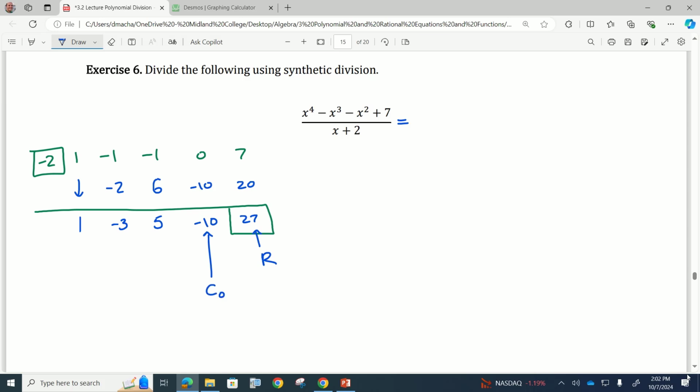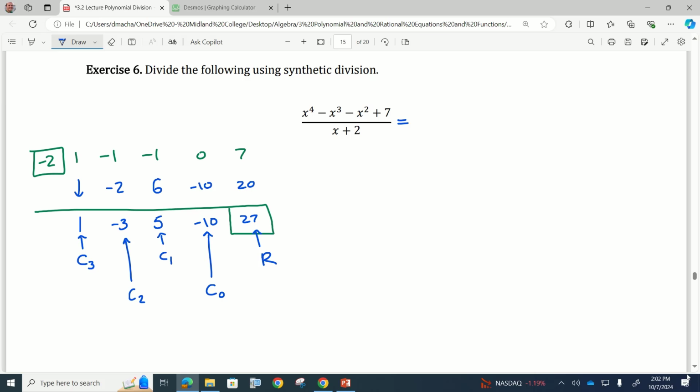-10 is going to be the constant term of my quotient. 5 is going to be the x term of my quotient. -3 is going to be the x squared term of my quotient. And then this 1 is going to be the x cubed term of my quotient.